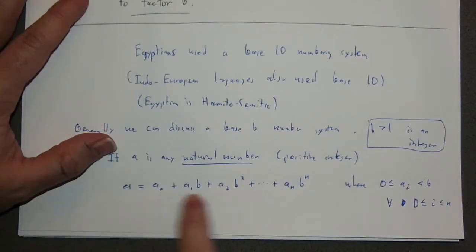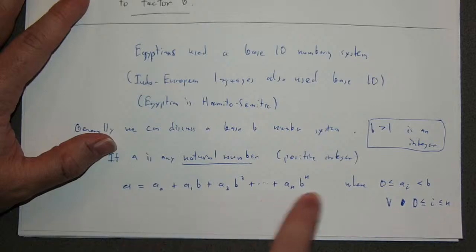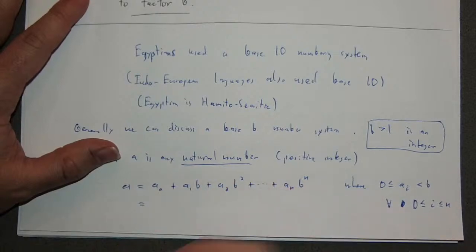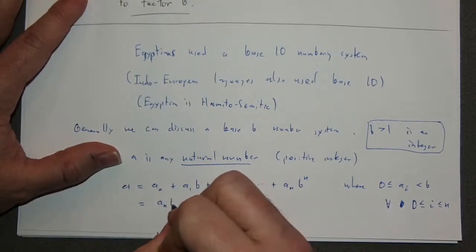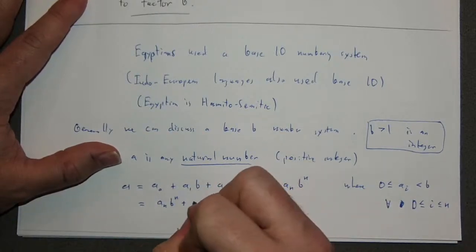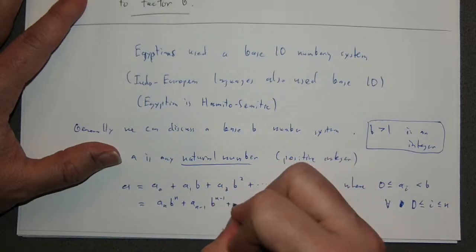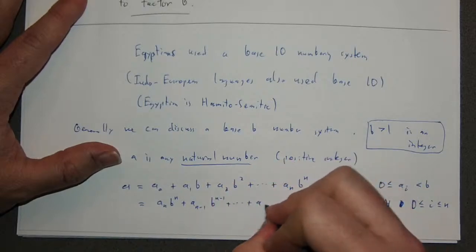Now, I wrote it this way as an ascending sum, but of course, the way you actually see this more often is written in the other order. The reason for that, if you haven't noticed yet, is that, what are these a sub i's?